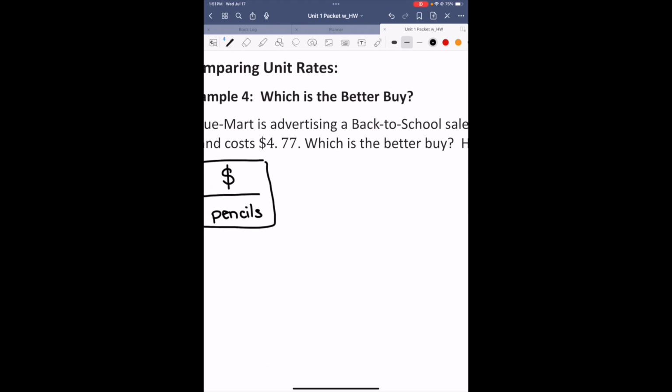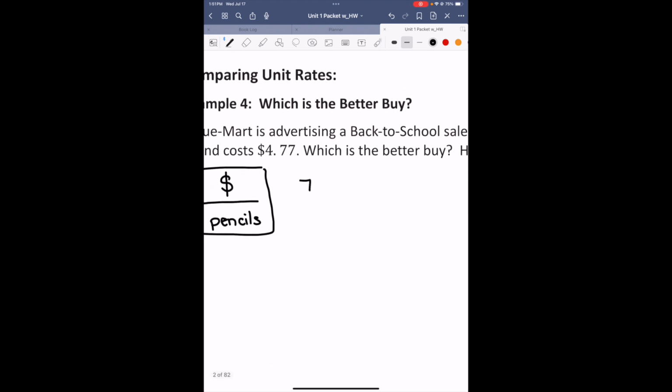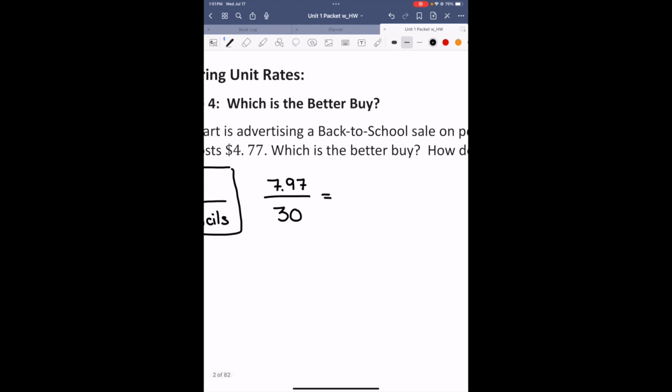So the 30 pack of pencils costs $7.97. And that's for 30 of the pencils. So we're going to divide those. So $7.97 divided by 30. We're going to put it in the calculator. We're going to write this out as the decimal that they gave us.